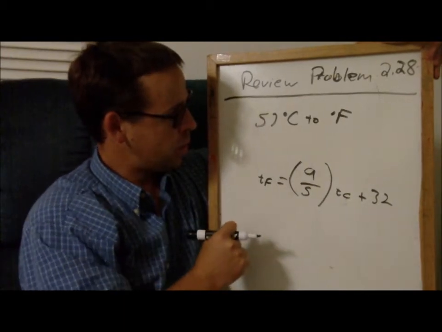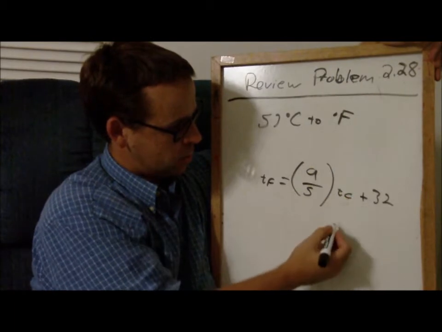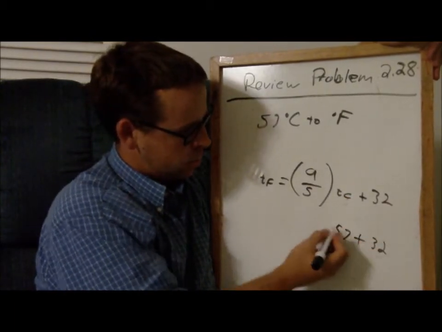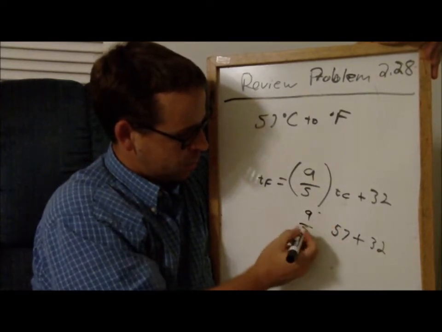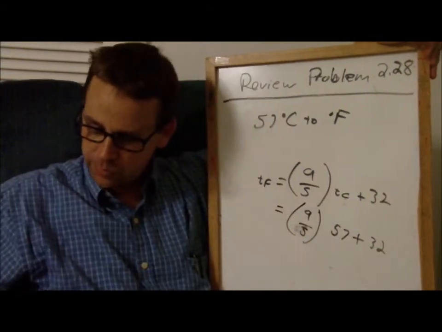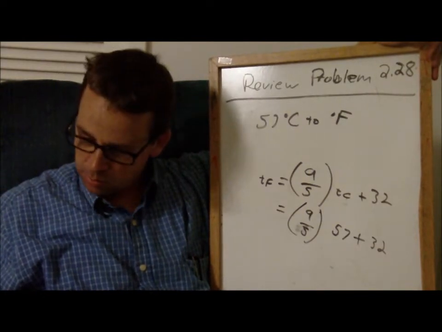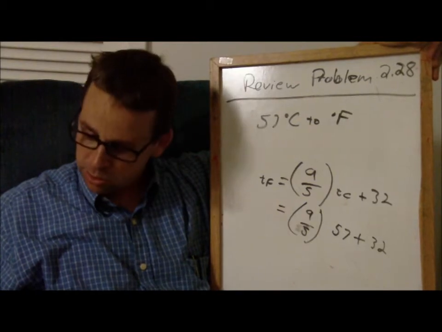Okay? So we put 57 into the degrees Celsius. First, order of operations, right? We multiply 57 times 9/5, and then we add 32. So we take 57 times 9 divided by 5, and then we add 32.